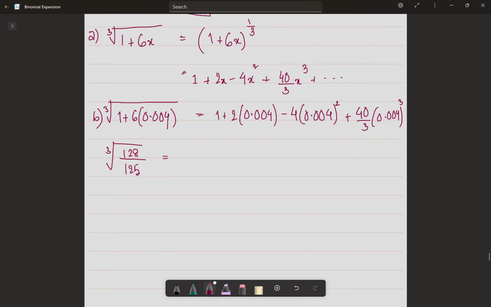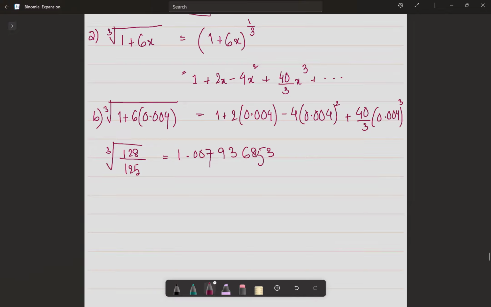The value of x is 0.004, and if you put that in the calculator, you're going to get a very big number, which is 1.007936853.